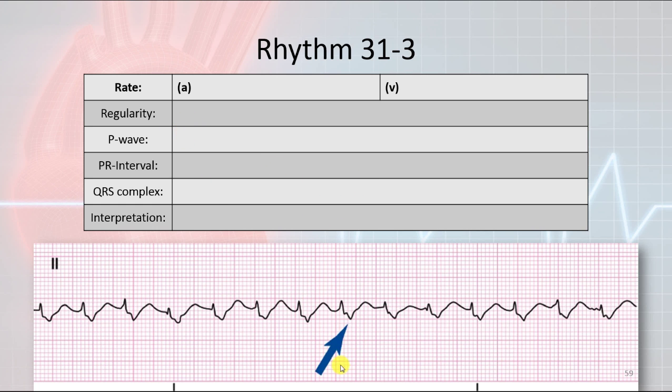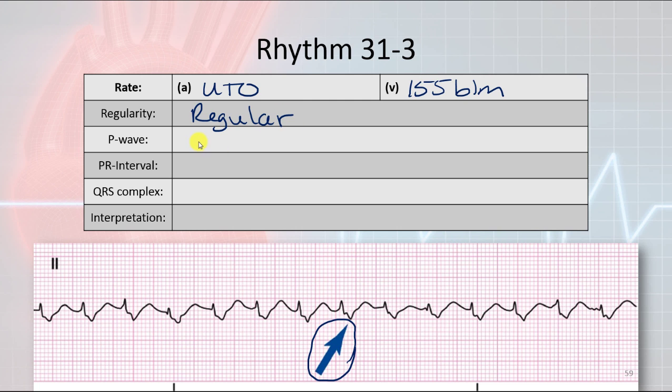Atrial rate, well, let's look down here at this arrow right here. The arrow is probably pointing to a retrograde P wave. Are you going to be able to identify that? I would not be able to identify that, so I'm going to say that the atrial rate is unable to obtain. The ventricular rate that I calculated previously is 155 beats per minute. Regularity is going to be regular.